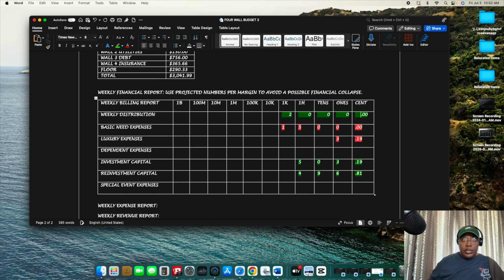Because your budget essentially tells a story, right? My budget legit states or tells a story of work and responsibilities.